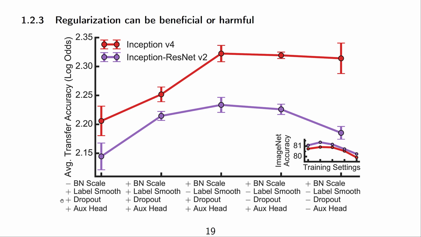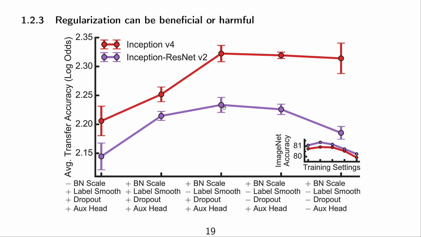One thing that the paper says is that they recommend that if you pre-train with one set of regularizers, then the fine-tuning should use the same set of regularizers. But for example, when we go from maybe this second column to the third column, label smoothing, when it is disabled, is actually better for transfer learning.